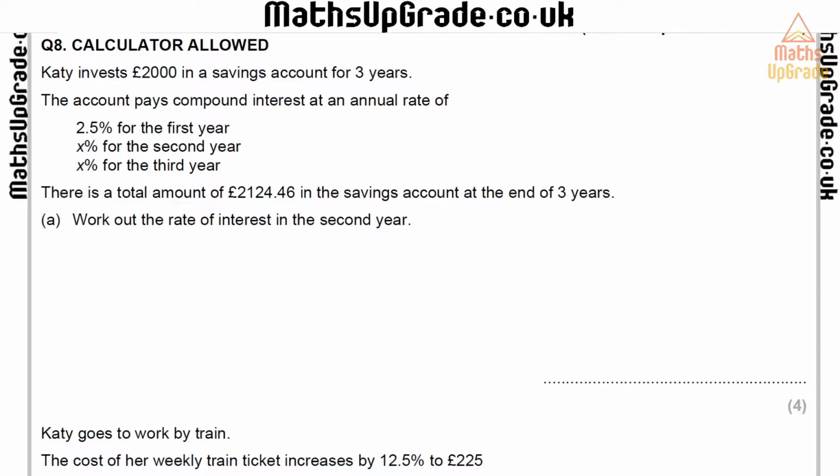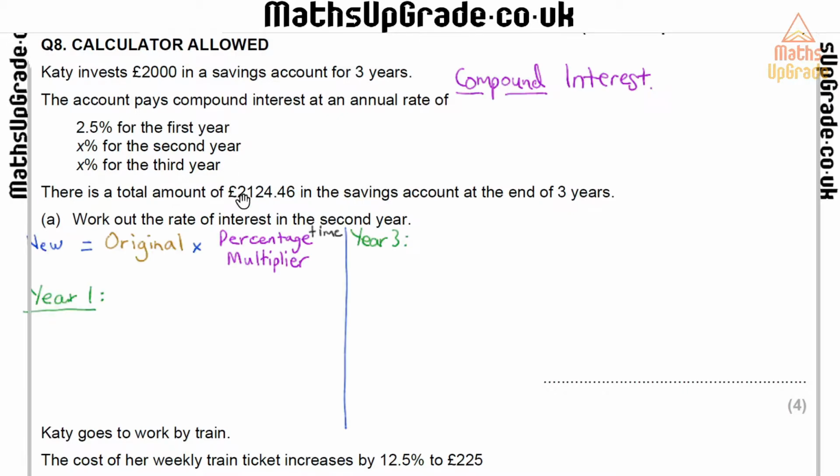So this question not only involves reverse percentages, it also involves compound interest for this part of the question here. So if you're not sure on compound interest, you can look at my video file on this channel on compound interest, and that should give you a lot of support. So compound interest involves this formula here.